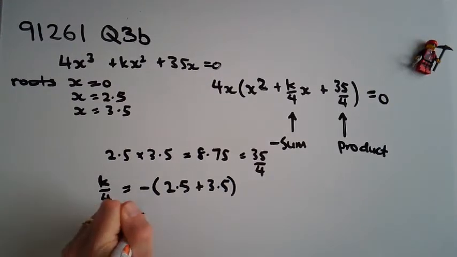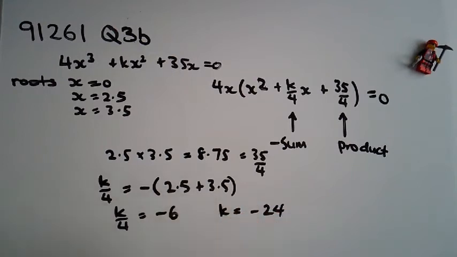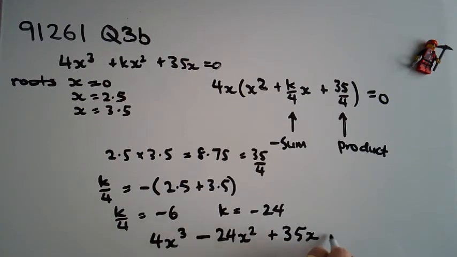So k over 4 is minus 6, so k equals minus 24. If you wanted to, you could then check that this original polynomial, 4x cubed minus 24x squared plus 35x equals 0, really did have those roots.